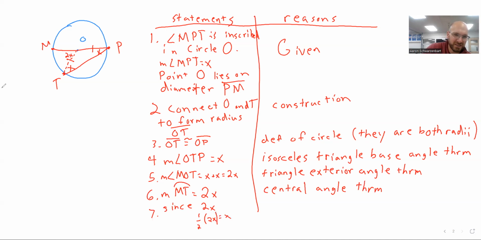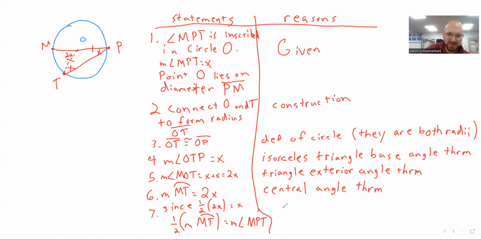Let's go back. Let's rewrite that, since that's how I want to say this. 1/2 of 2x is equal to x. One half measure of arc MT equals measure of angle MPT or OPT. Either one. They're the same thing.